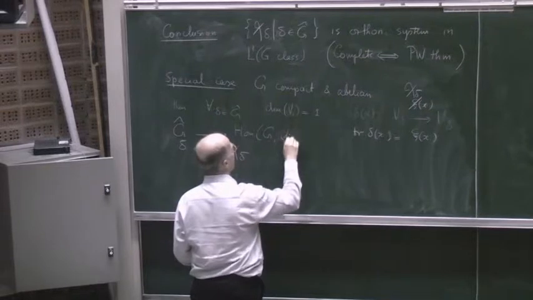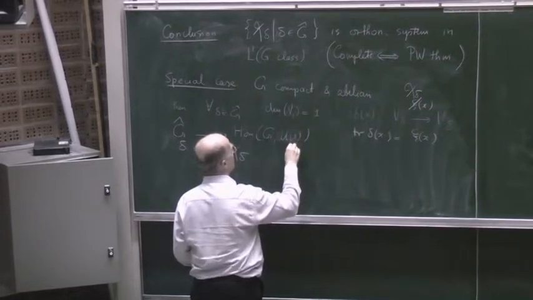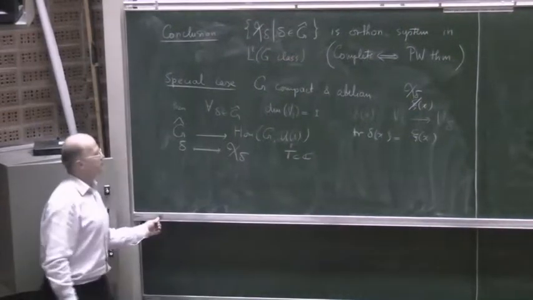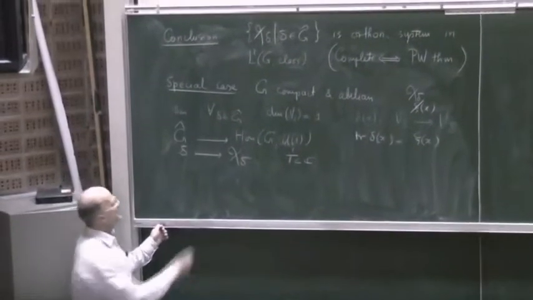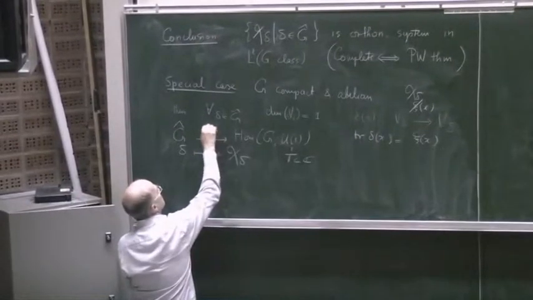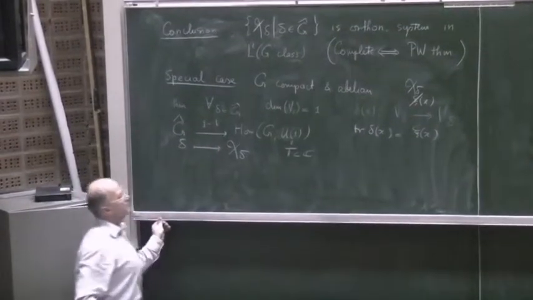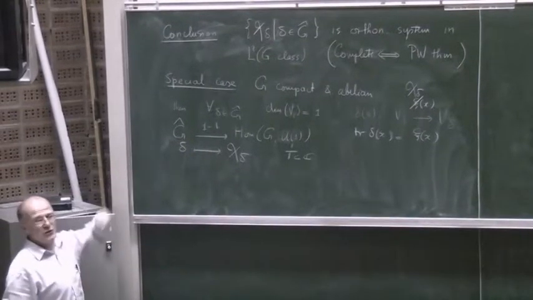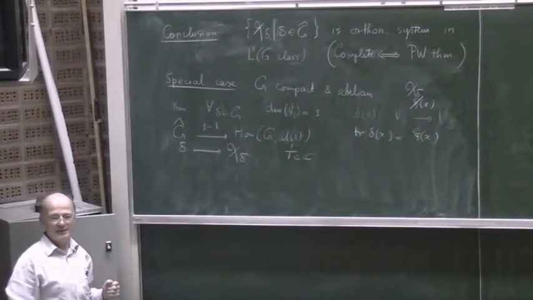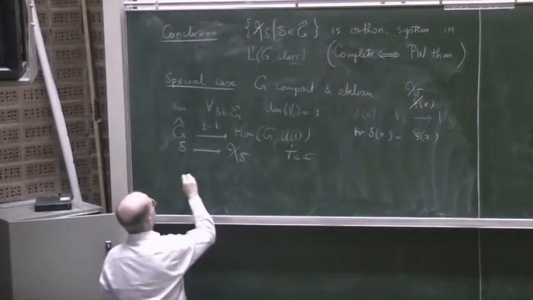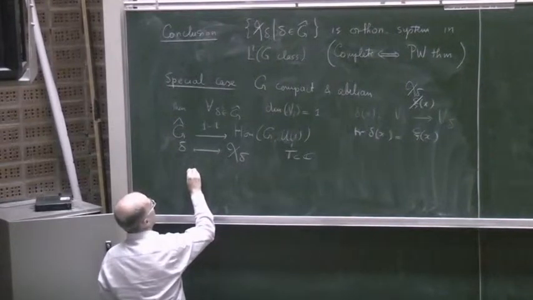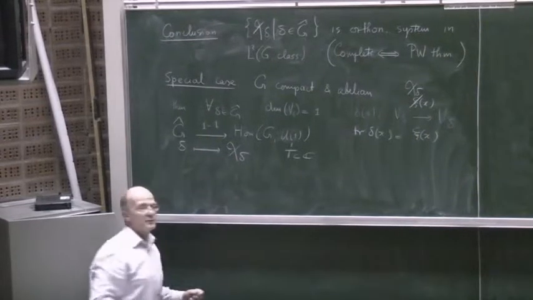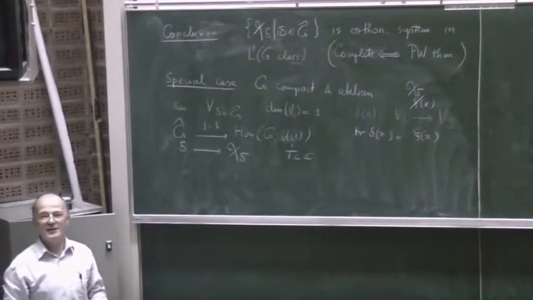And U(1) can be realized as the unit circle in the complex plane, if you like. And this is a bijection. And so now of course, every function on G is conjugation invariant if G is abelian. So in this special case, we have that these characters give the complete Fourier analysis of the group G.